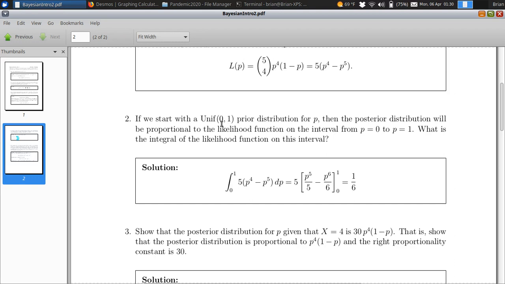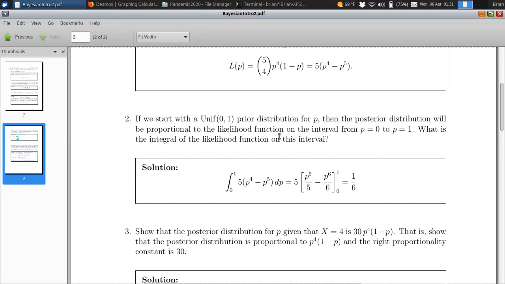So given that prior distribution, what's the posterior distribution? You multiply prior times likelihood, and you get the posterior distribution. In this case, multiplying by this prior, because it's just constant, it's just 1, doesn't really do anything. So the posterior distribution ends up being the same as the likelihood function, or at least proportional to it.